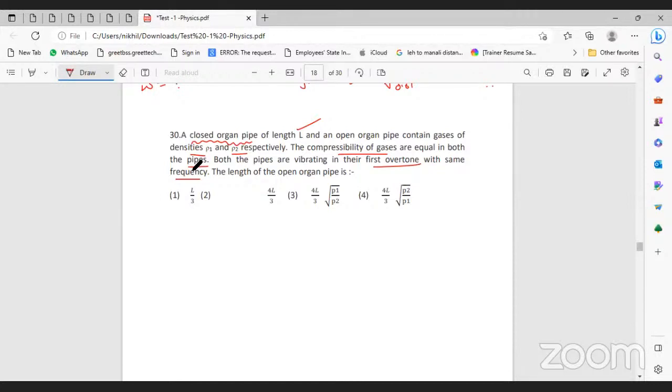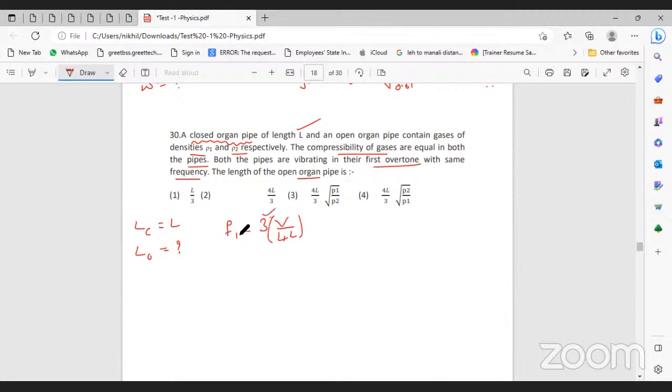What is the length of the open pipe they are expecting? The length of the closed pipe is L. Now you can tell the frequency of the first overtone of the closed pipe. It is 3 into V by 4L, right? First overtone means second fundamental frequency.